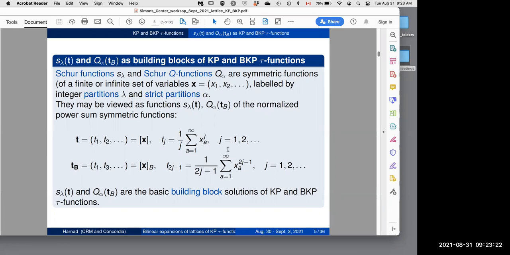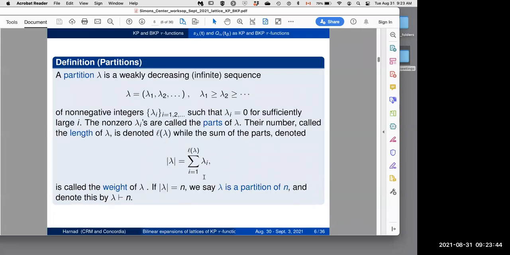This is all very standard. And so we think of the Schur functions and the Q Schur functions as either functions of the finite or infinite set, symmetric functions, or symmetric polynomials if there's a finite set in these X variables, or as polynomials, graded homogeneous polynomials in the T variables.